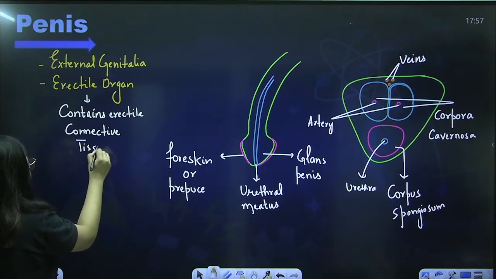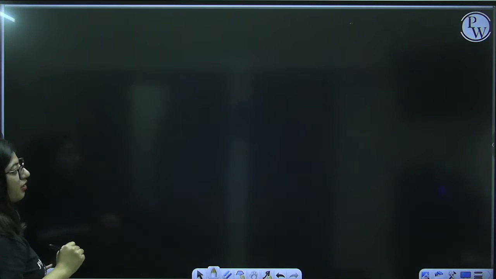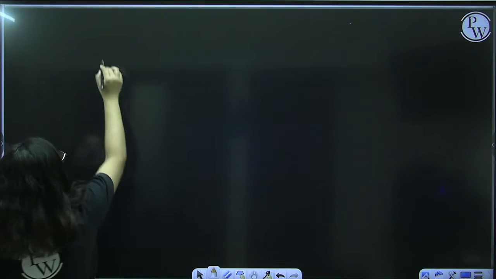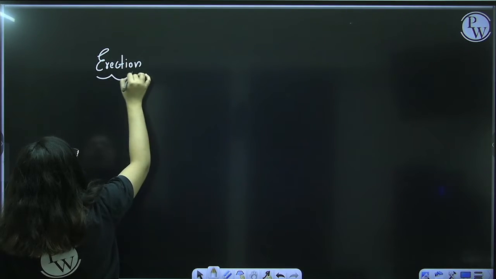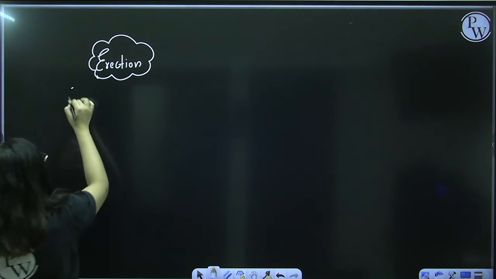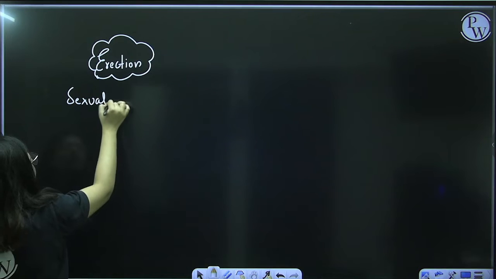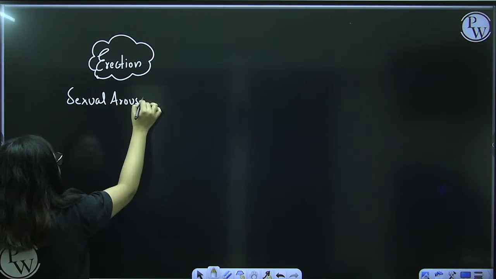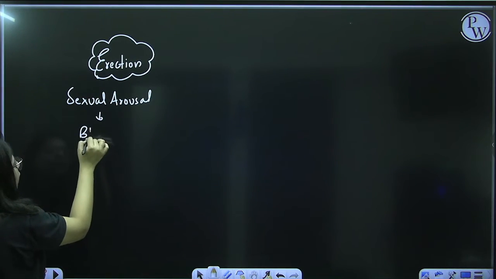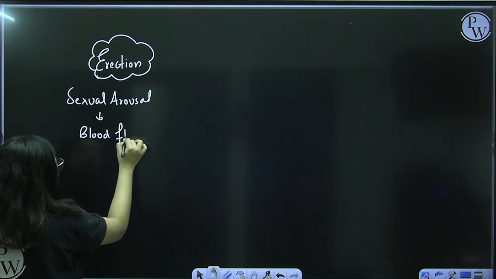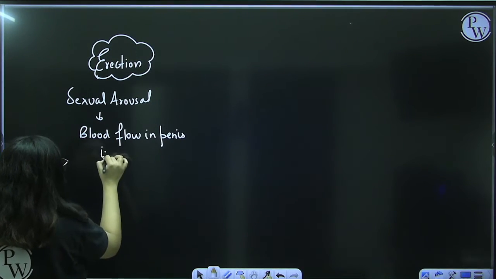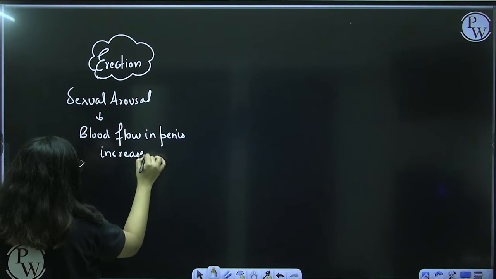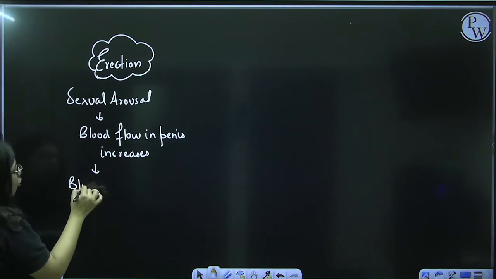Okay. So, the major function of the penis is, first of all, as I have told you, erection. What happens during erection, guys? Whenever there is sexual arousal, blood flow in the penis increases, and blood enters into open spaces.